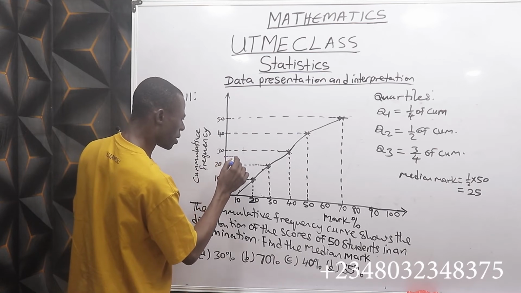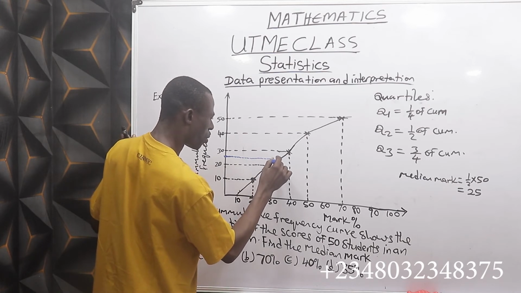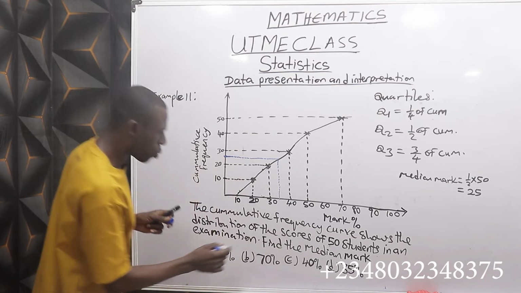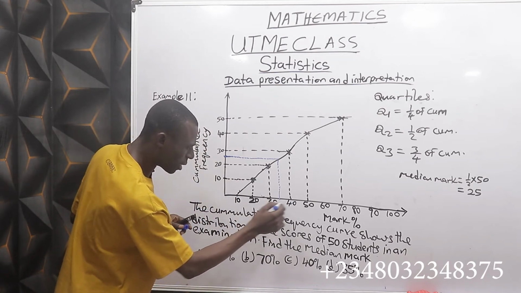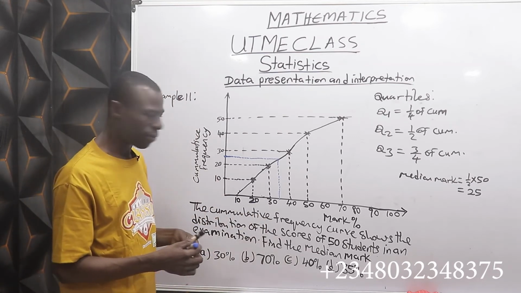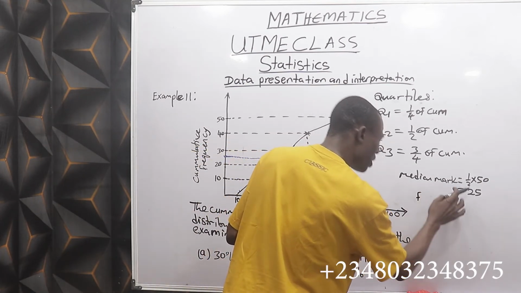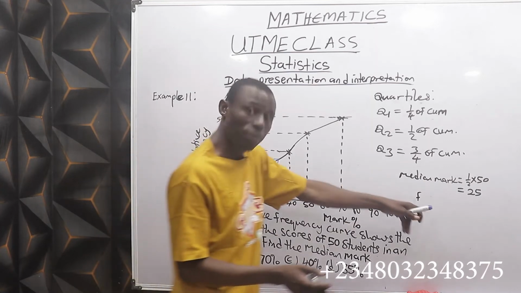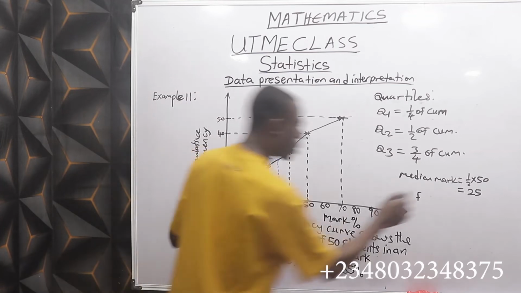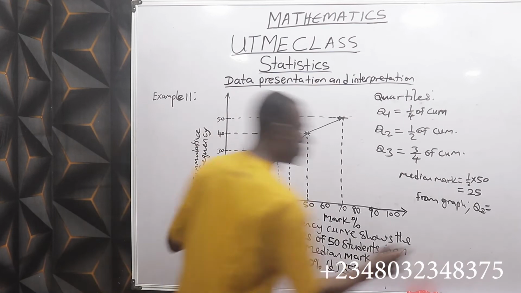So we trace it until we come to the graph, to the OGIF. From the OGIF, trace it to the score line. So you realize here that it is at the midpoint of 30 and 40, which is 35. Therefore, from the graph, Q2 equals 35.